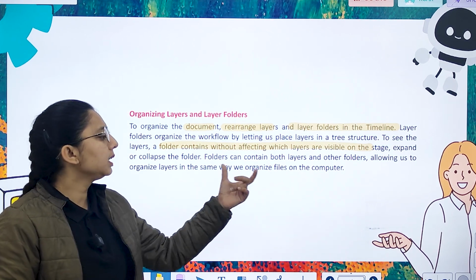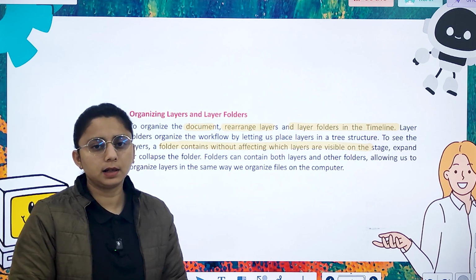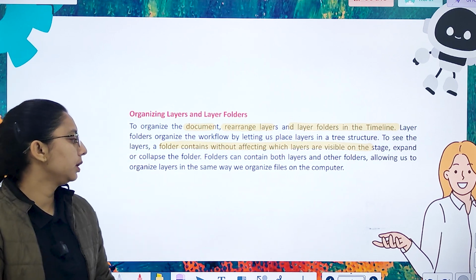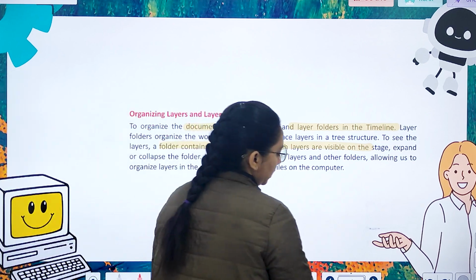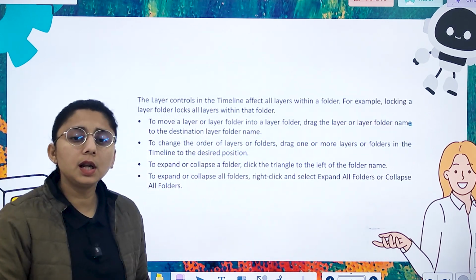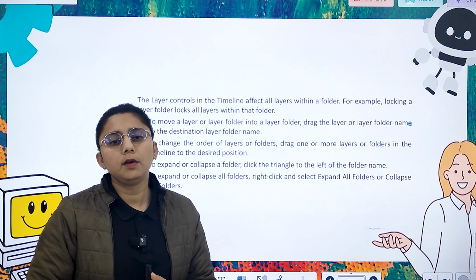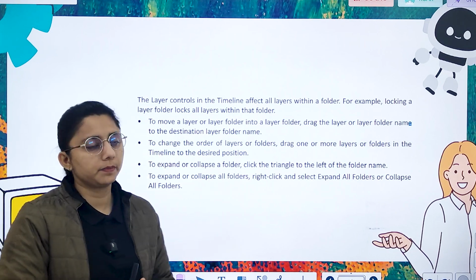A folder can contain both layers and other folders, allowing us to organize layers the same way we organize files on the computer. Like we organize files in folders, we can organize layers over here.